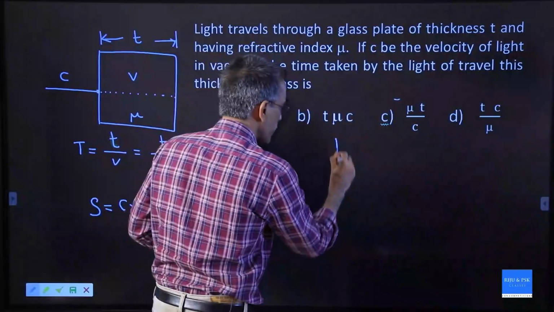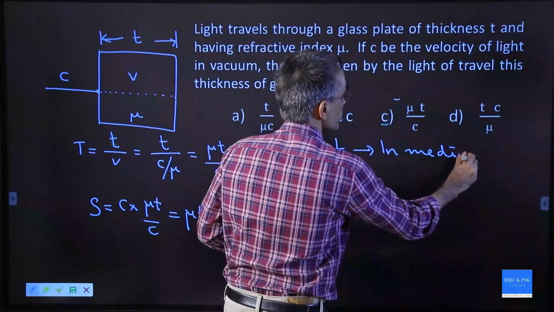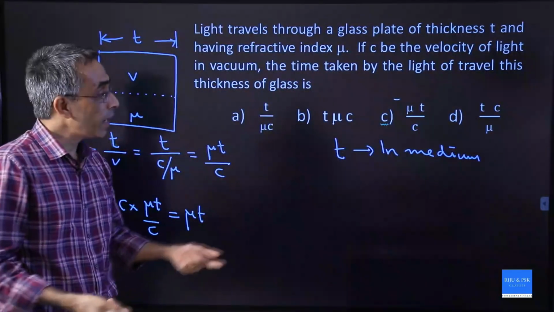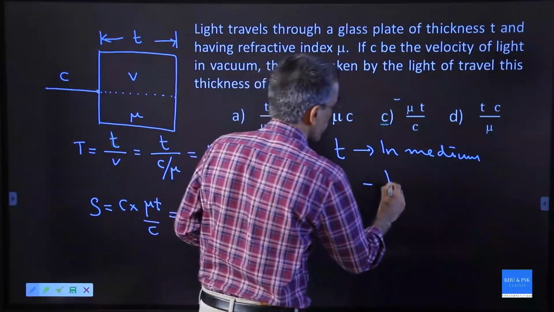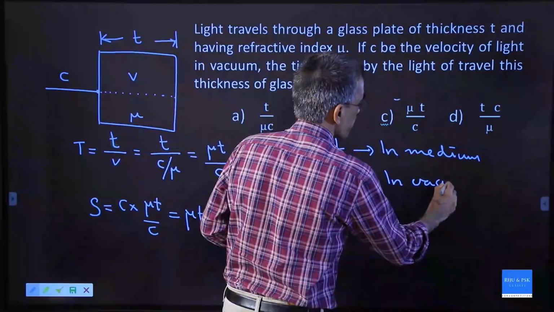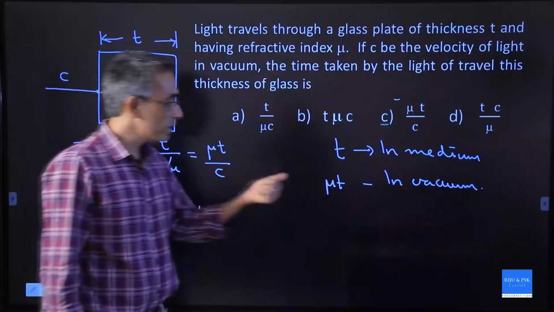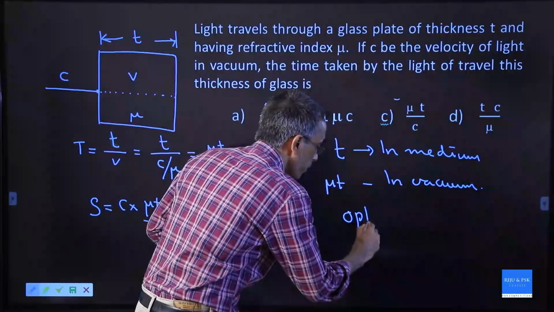So, there is a thickness T in medium. Light travels a particular thickness T in a medium. At the same time, light could have travelled mu into T in vacuum. This equivalent distance is called optical path of light.